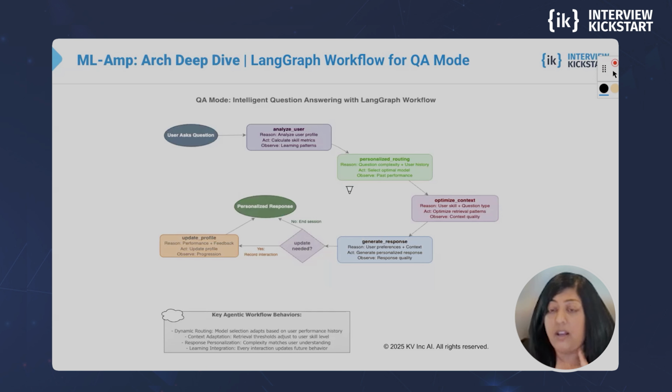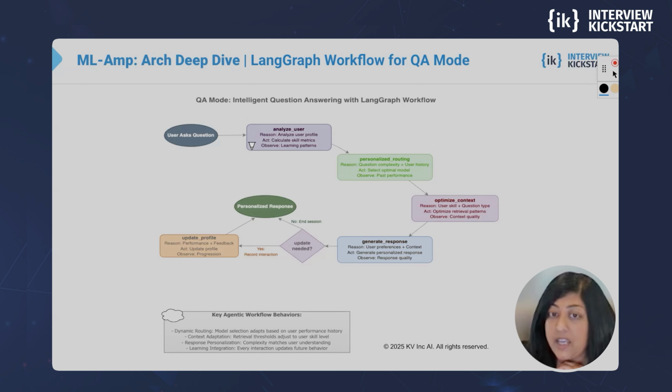This is my QA LangGraph workflow. To walk through this step by step, the user asks a question, right? I'm going to show you this in the demo, but for now, I'm just walking through how these agents work together, each performing their own task and transitioning based on the observation made and how the state was changed by each agent acting to respond to the user's question.